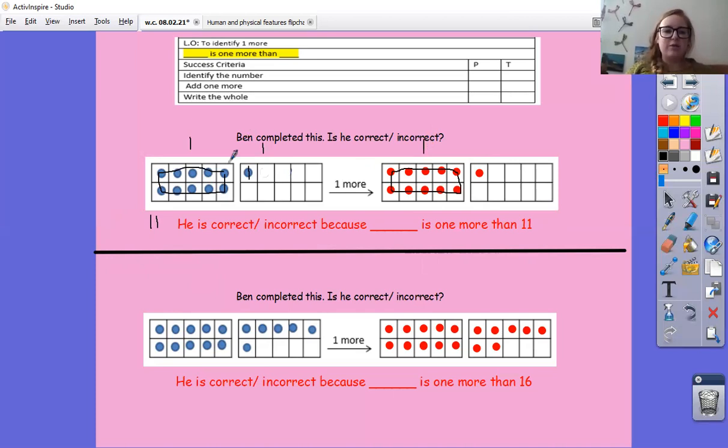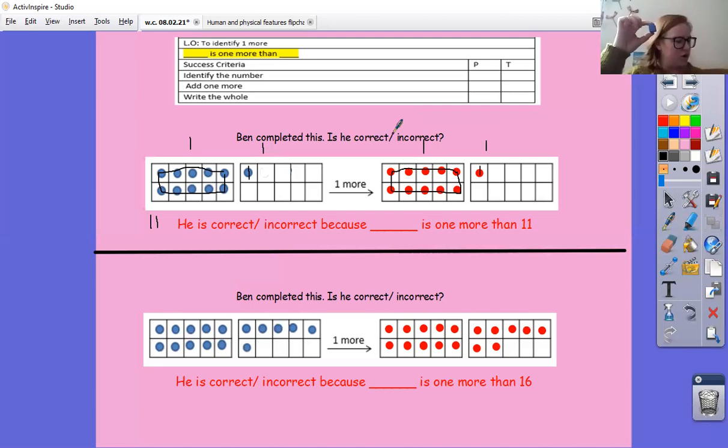Fantastic. So now I'm looking for a number that is one more than 1, because he's got 1 one. I'm looking for one more. Okay, so how many ones has Ben got over here? He's got 1 one. So is that one more? If we've got 1 cube here, and I want to add one more on, how many cubes should I have next?